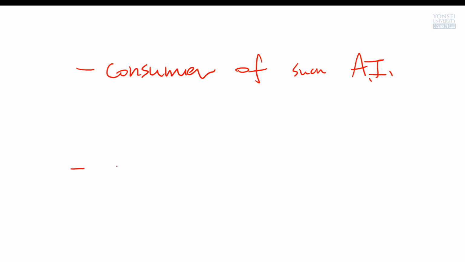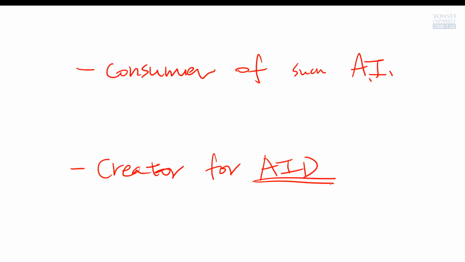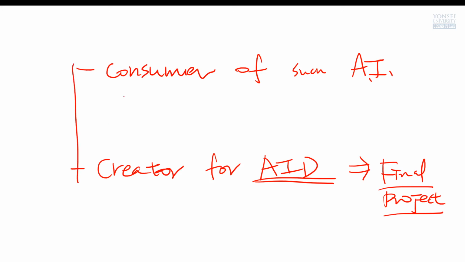From now, at least in this class, you're supposed to be a creator for AID, okay? So that's going to be your final project subject. Subjects are totally up to you. I'm going to show you specifications for the final project. But anyway, even though you were consumers of such technologies, take a look.